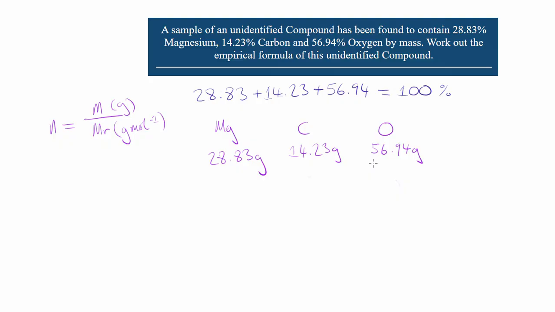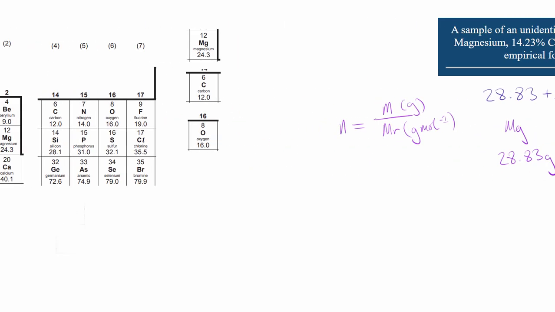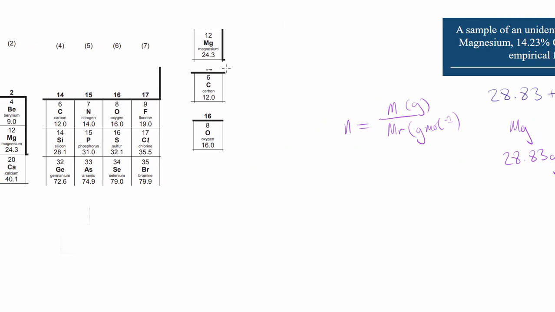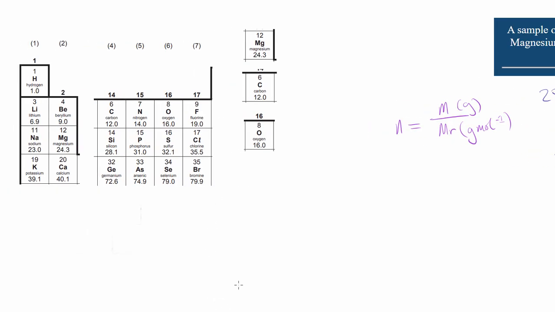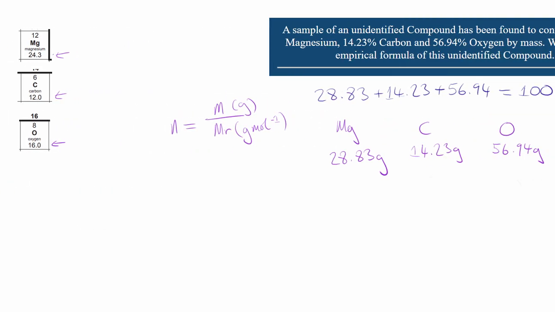So let's figure that out. We need the periodic table for that. For magnesium, that's 24.3. For carbon, that's 12, and for oxygen, that's 16. I'm going to integrate those into what we've got here.